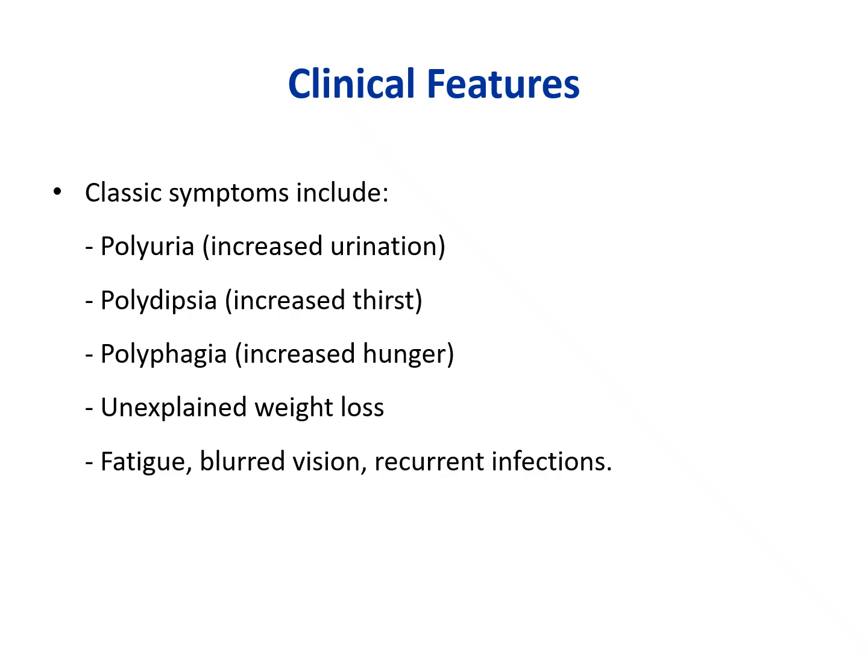They come with these problems and complaints. They are polyuria, which means increased urination. They complain that they have to go to the toilet a number of times, even at night they have to get up and go.